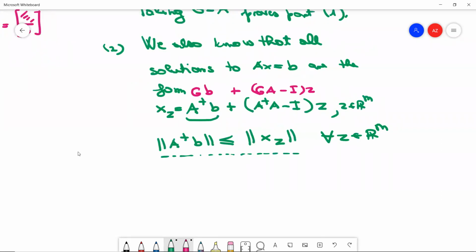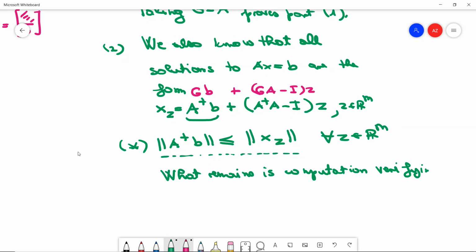And now everything which remains is computation, verifying this fact. Okay, and that way we spare some time and can also prove the other theorem.